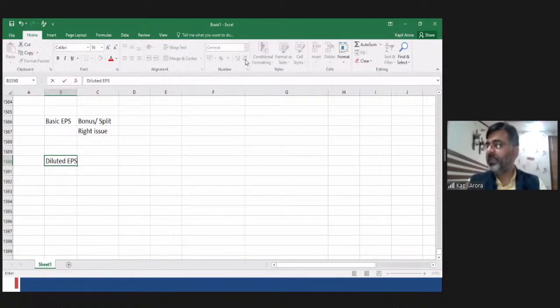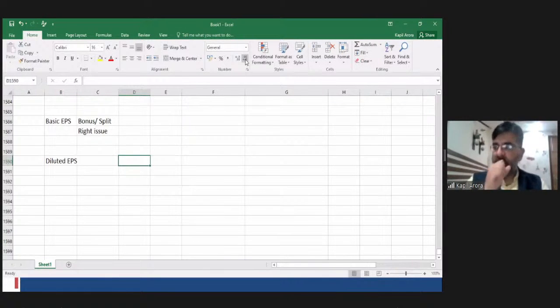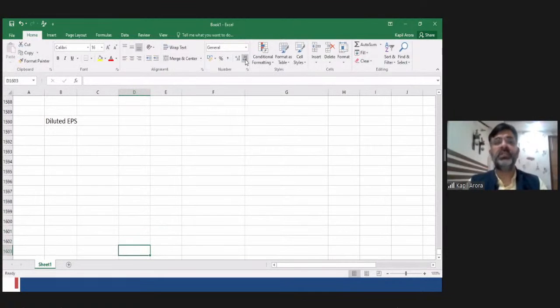Diluted EPS means, can anybody tell me the meaning of diluted EPS? What is dilution? Dilution means when my EPS can come down, when my earning per share can come down.